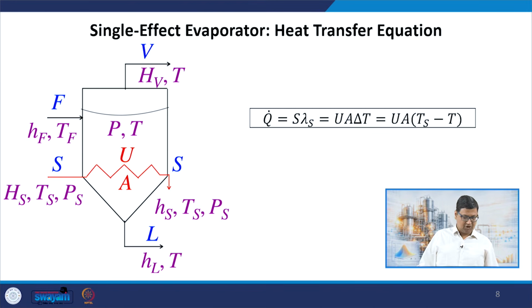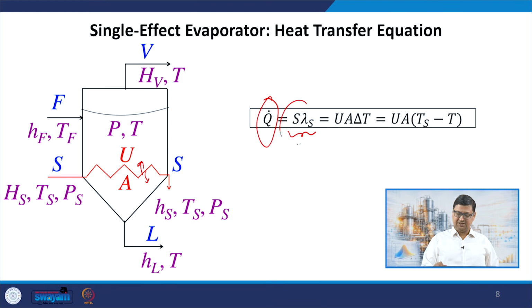Okay. So, going forward, we can also write the heat transfer equation that corresponds to the heat transfer from these heat exchange tubes to the liquid phase, and this q dot, assuming that there are not many losses, is the steam flow rate times the latent heat of steam.